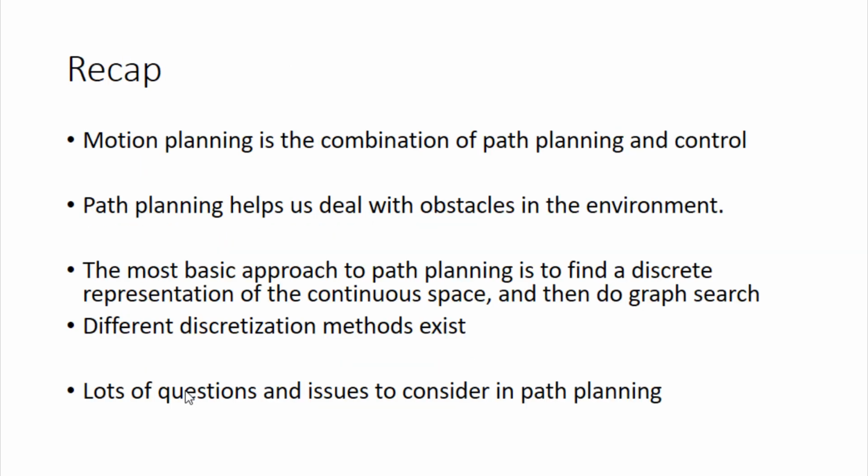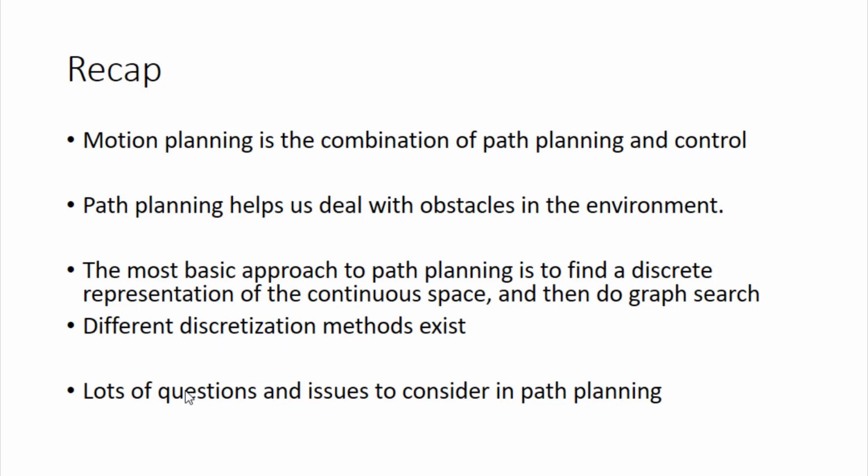Just to recap, motion planning is the combination of both path planning and control. Path planning is really helpful because it helps us deal with obstacles in the environment. If we had no obstacles, we could just use control. But because there are obstacles, we need some other way to deal with them, and that's where path planning comes in. The most basic approach to path planning is to discretize our space and then do graph search.